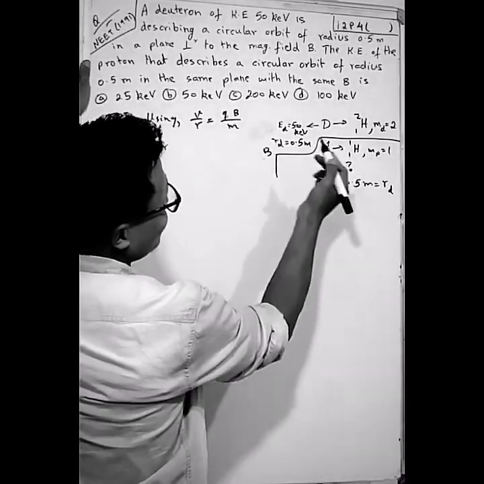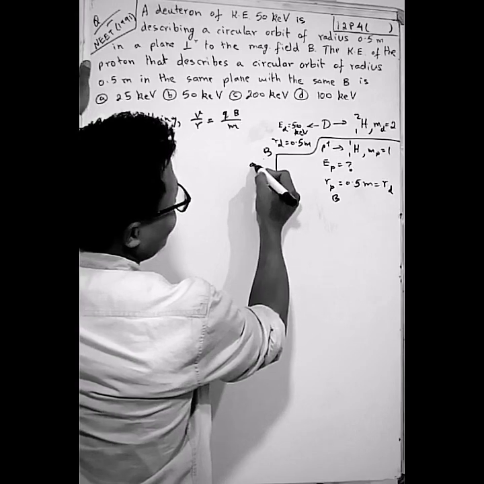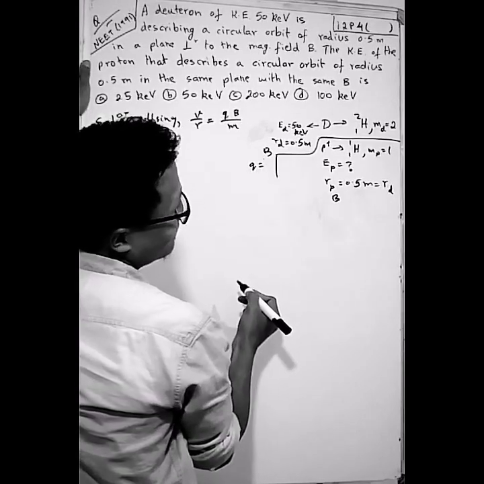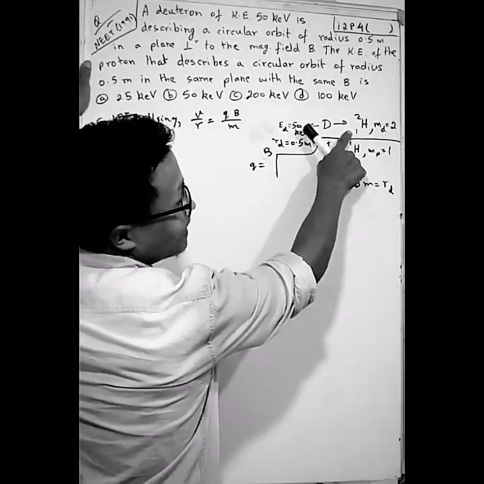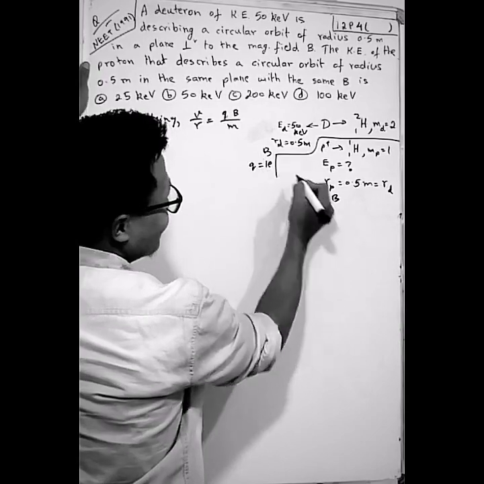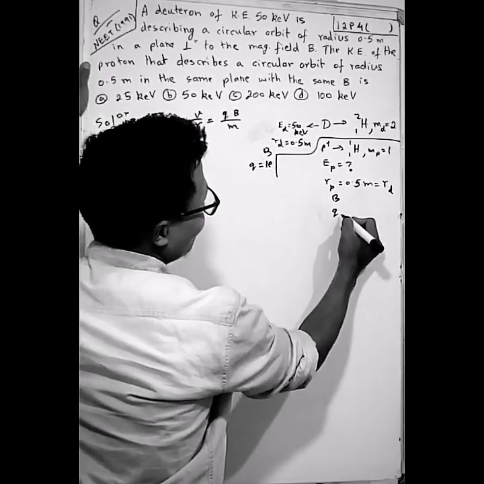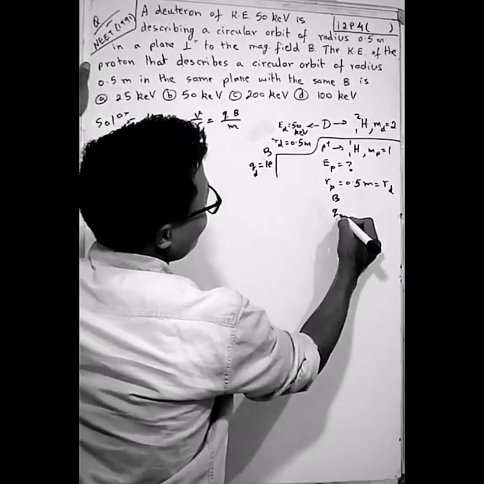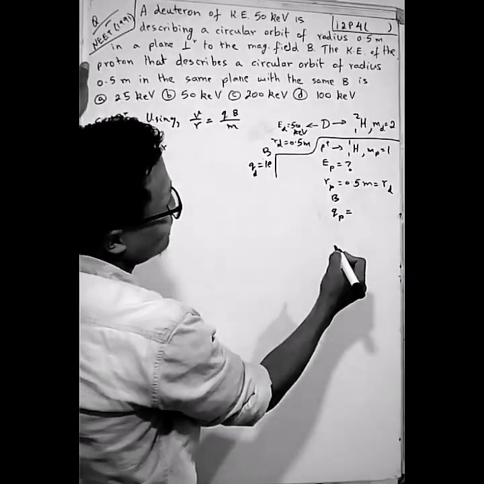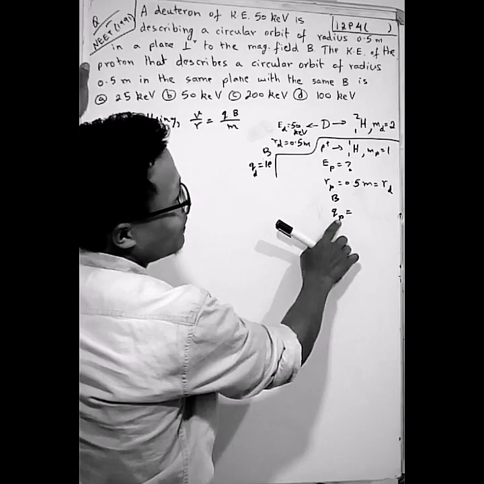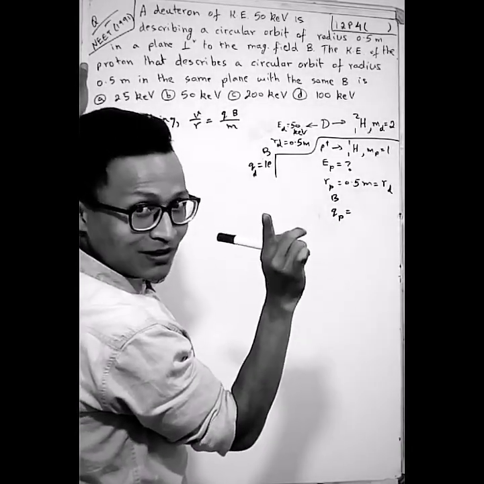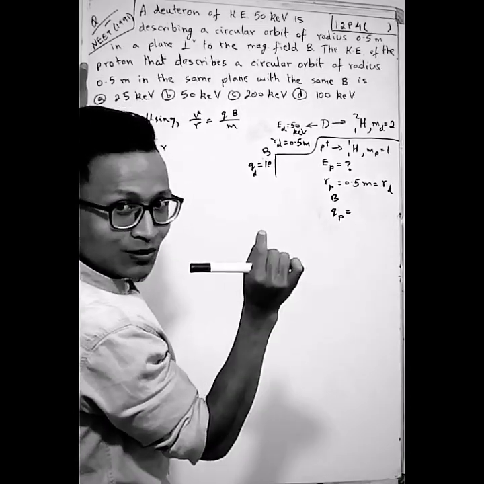Next, charge here is how much? Charge is defined by the atomic number, which is the number of electrons.